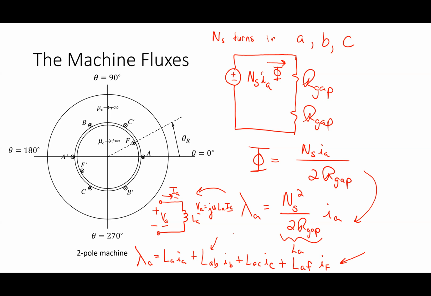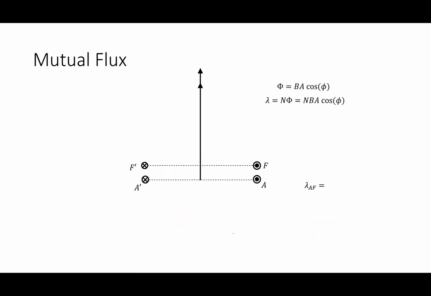So let's go back to our basic picture of two coils like this. Right here, I've got two coils, F and A, sitting right on top of each other, and they're oriented in the exact same way. Now what I've done is put a normal vector pointing up from the plane of each coil.